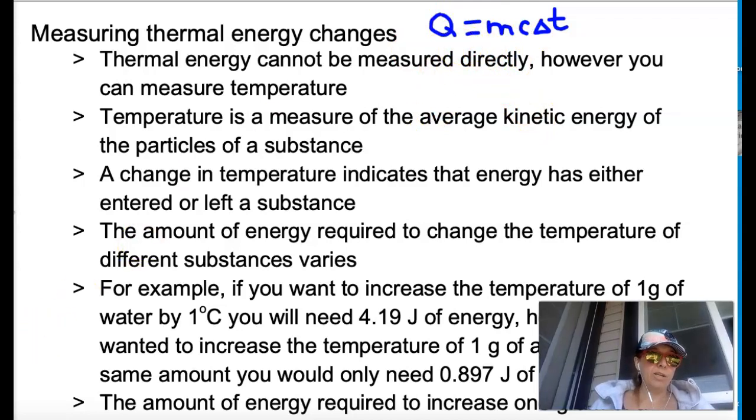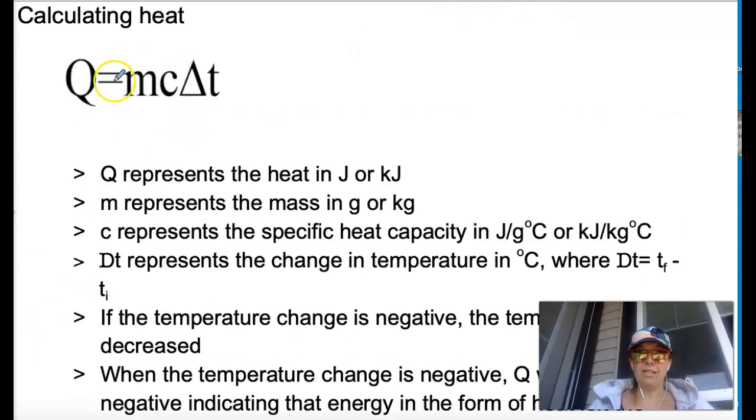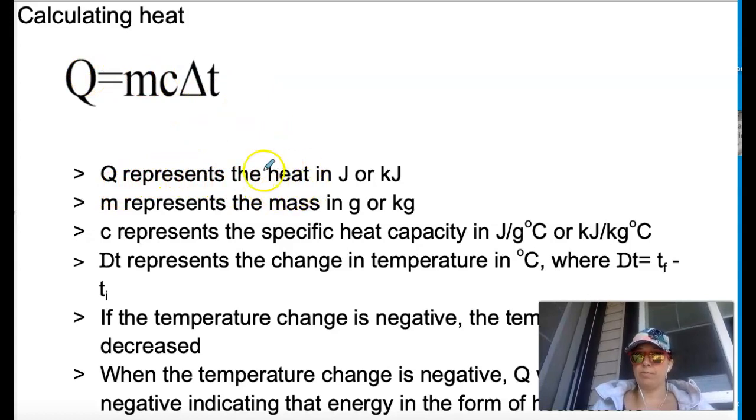So we can measure that in two ways. So Q equals MC delta T. So Q represents the heat or the amount of thermal energy. It's going to be measured in joules or kilojoules. You're also going to find it can either be positive or it can be negative.